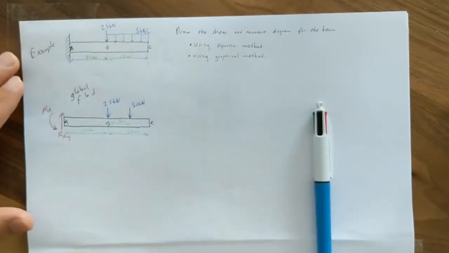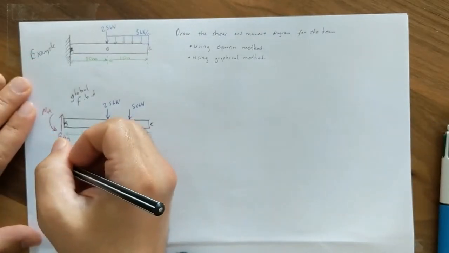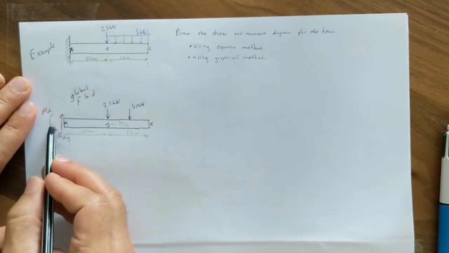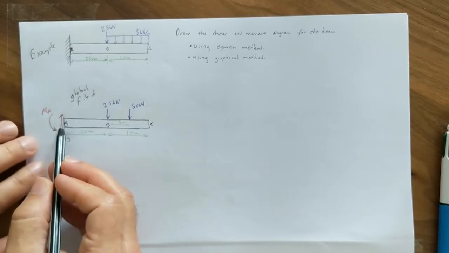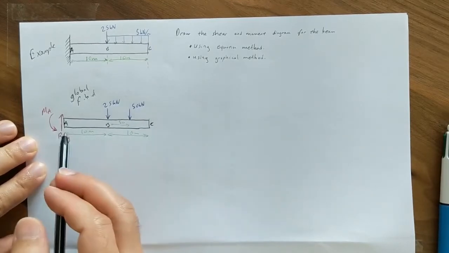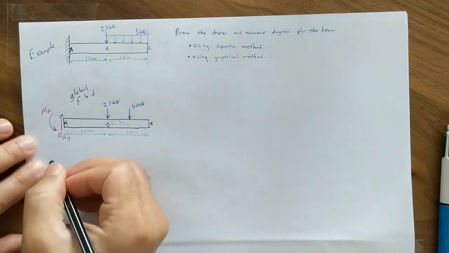Okay, now we write the equilibrium equations. By the way, I don't show horizontal reaction force here, because there is no acting horizontal force, therefore there will be no reacting horizontal force.